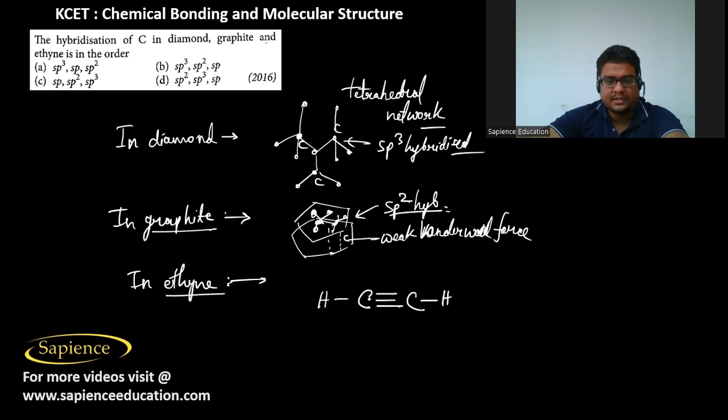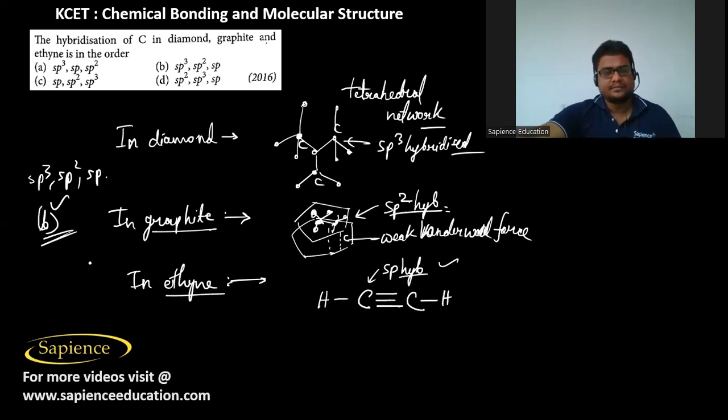So each carbon atom is linked with two other atoms. So every carbon atom is sp hybridized here. So the hybridization in diamond, graphite, and ethine will be sp3, sp2, and sp. So option B is the correct answer.